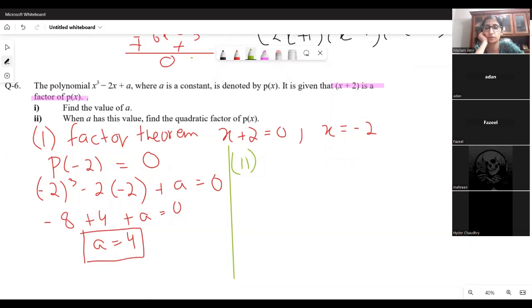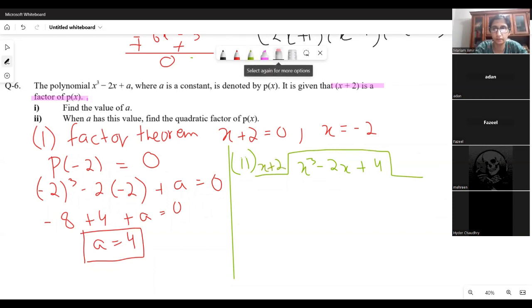So what do we do now? We'll do long division. We have x cubed minus 2x plus 4, and here we have x plus 2. I didn't write the plus 0x squared, so plus 0x squared minus 2x plus 4.